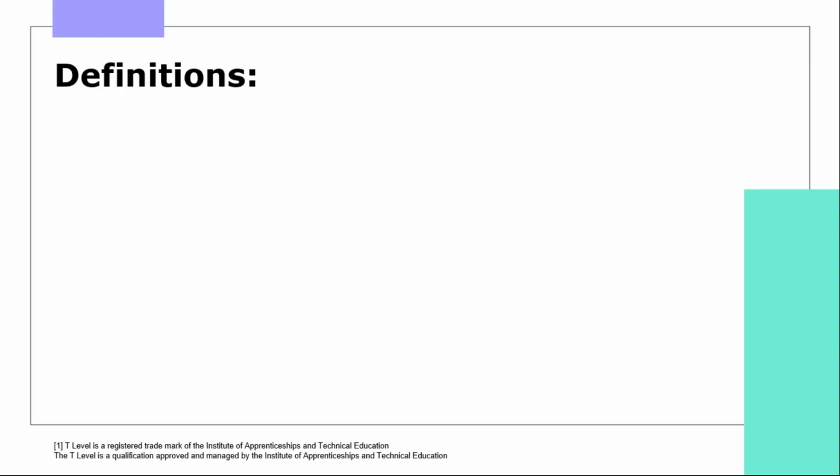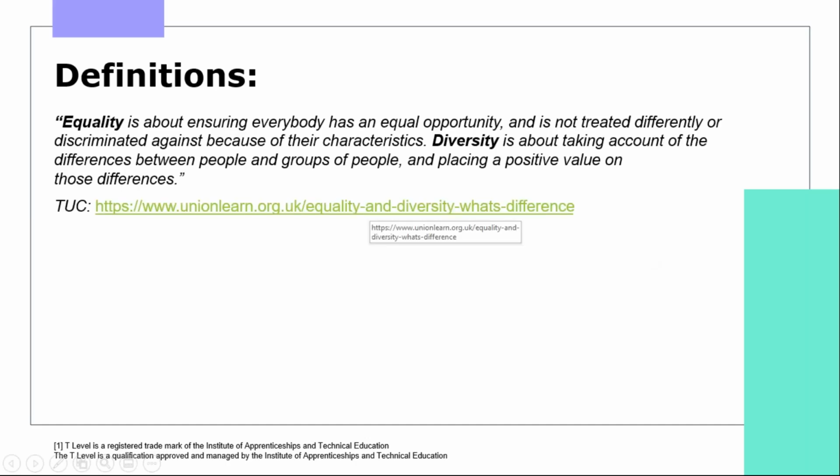So I'm now going to share a couple of definitions, and it's important to highlight that the terms do have different meanings. So the first one is from the Trades Union Congress, and it explains that equality is about equality of opportunity, that everyone should have equal access to opportunities in an education context.